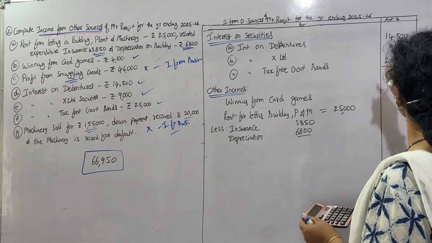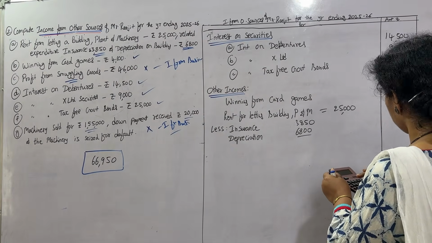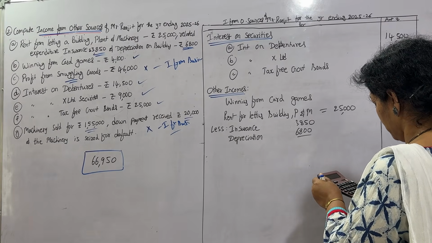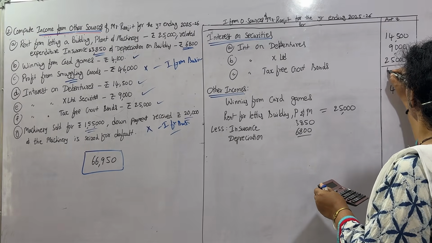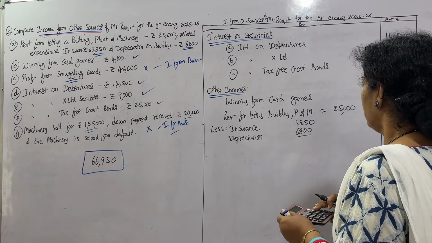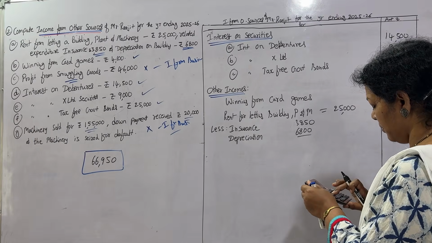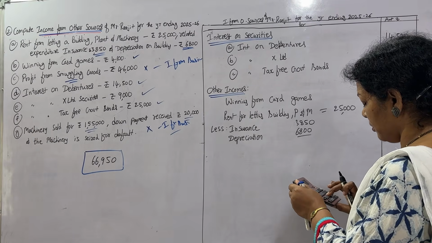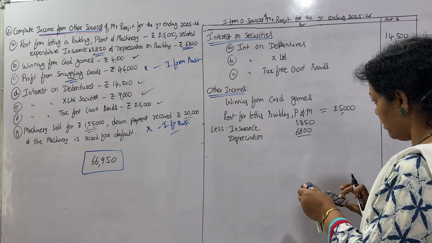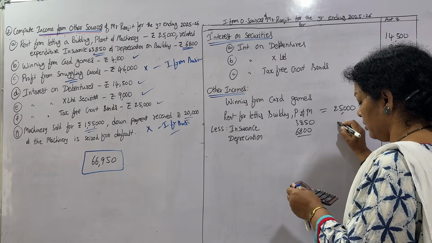First, we'll see this total. 14,500 plus 9,000 plus 25,000 is 48,500. Now here, 3,850 plus 6,800 is 10,650.